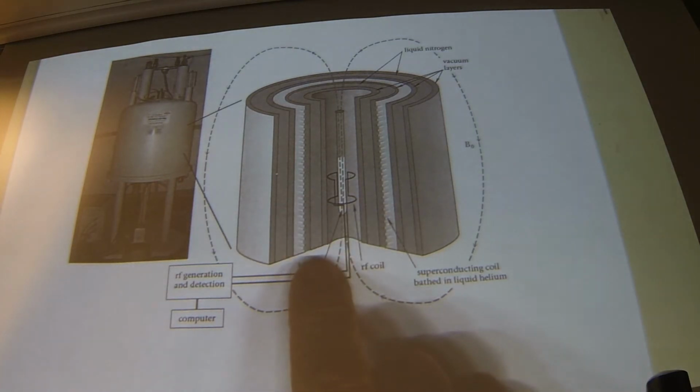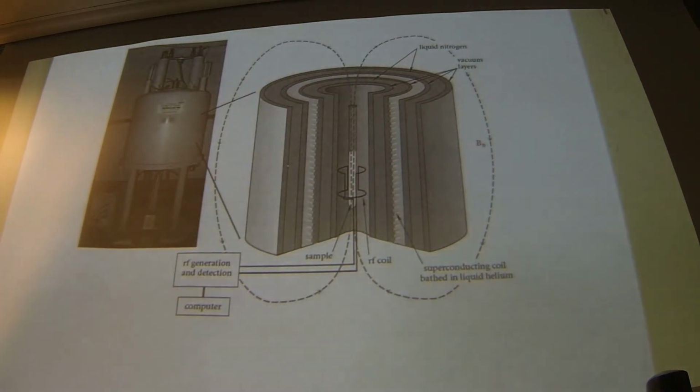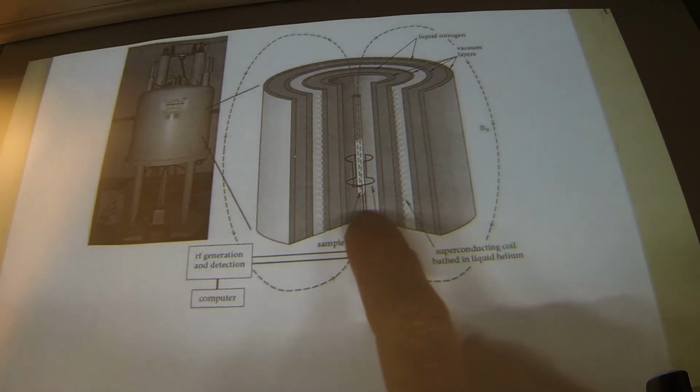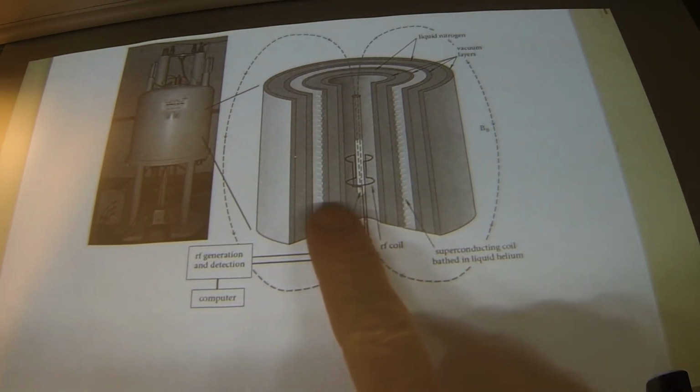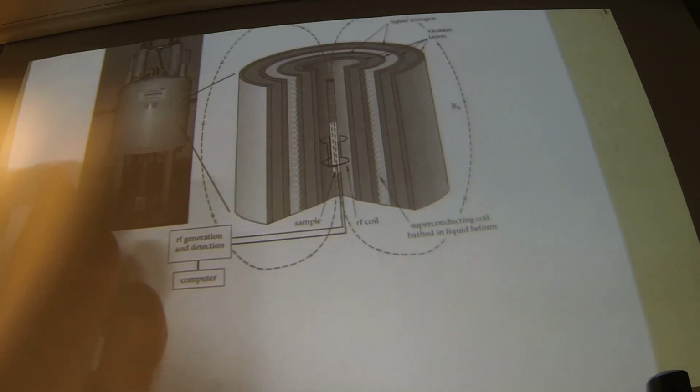The thermos flask is kept at ultra low temperature, usually liquid helium. And if it gets much higher than liquid helium temperature, then the superconductivity disappears and you don't have a magnet anymore. And so these are an engineering feat. They also require fairly large amounts of helium.